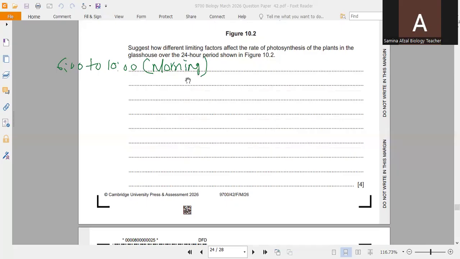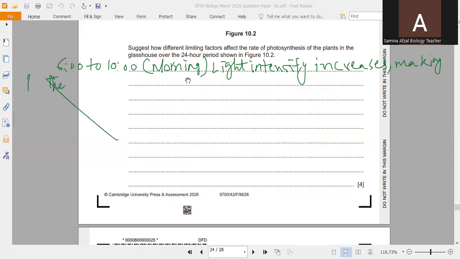So the light intensity increases, making light the primary limiting factor.